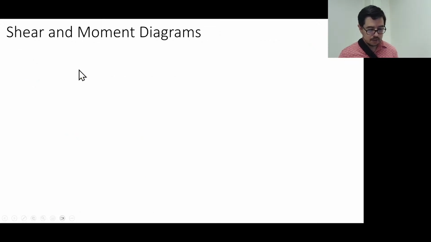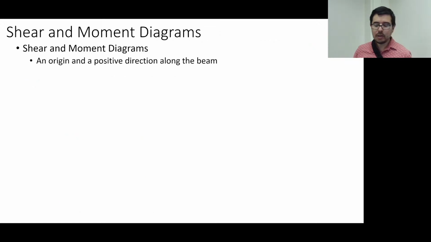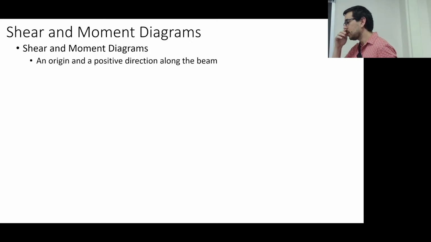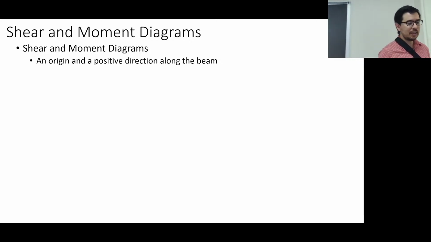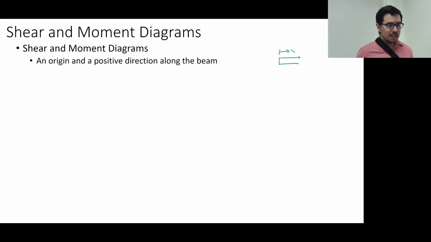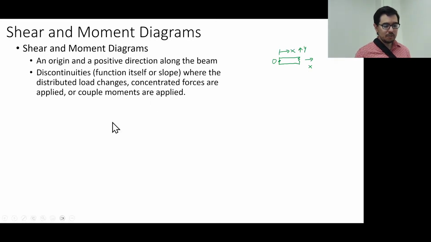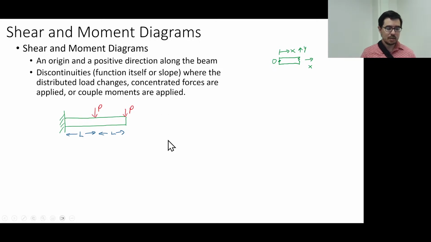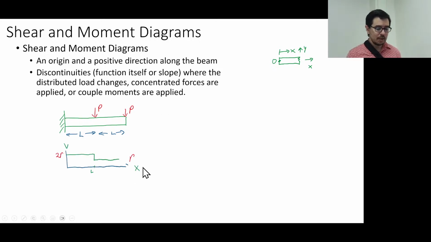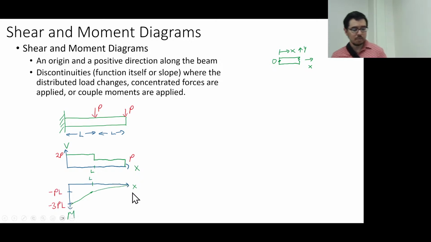How do we describe the shear and moments across the beam? We use diagrams. You have an opportunity to think about this type of diagram where you have a slice, and these diagrams that we've come to love give us shear force and bending moments.